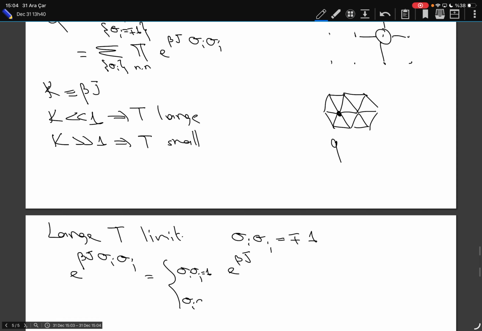If sigma i sigma j is equal to minus 1, it is e to the power minus beta J. Now let me try to write it slightly differently. This is e to the power beta J plus e to the power minus beta J over 2, plus e to the power beta J minus e to the power minus beta J over 2.